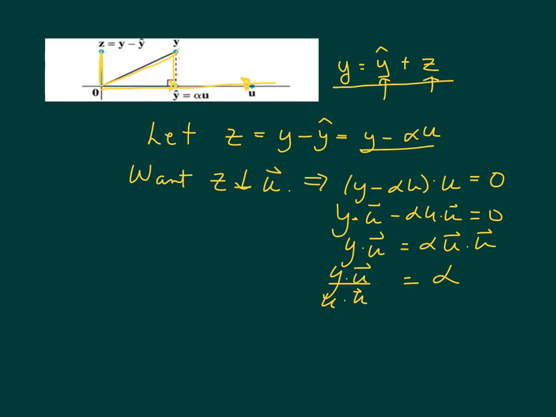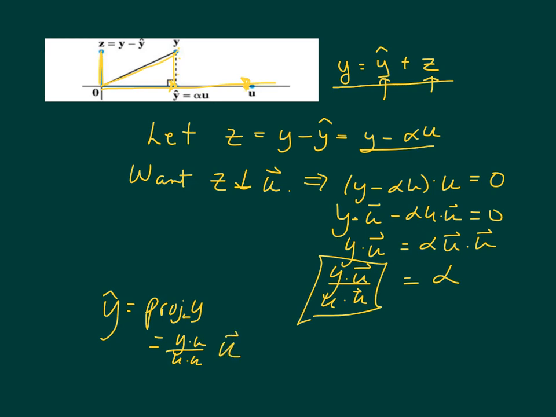And this is what we call the projection of y. So y hat is equal to the projection of y onto u, and that's equal to the coefficient y dot u over u dot u. And remember, that's just going to be a real number divided by a real number, so that's our coefficient times the vector u.